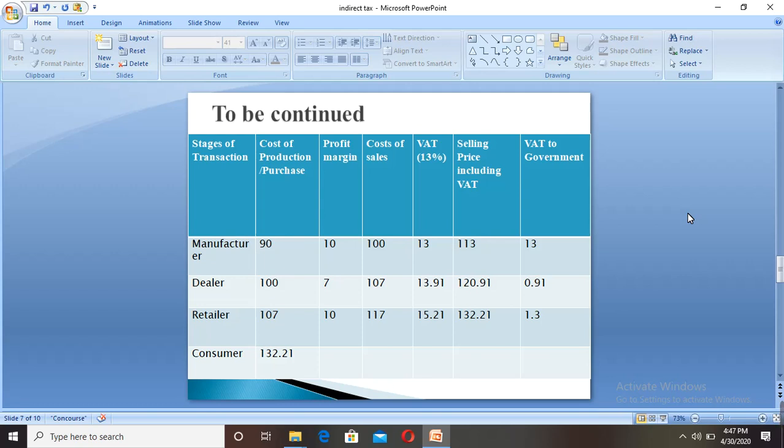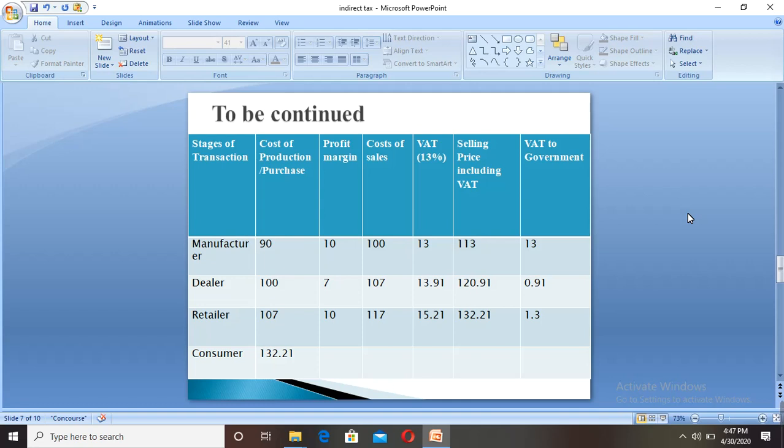Because as per the fiscal law, there is the provision of 13 percent VAT in our nation. So the government has determined 13 percent VAT on the different products during the time of its supply from one entity to another entity.